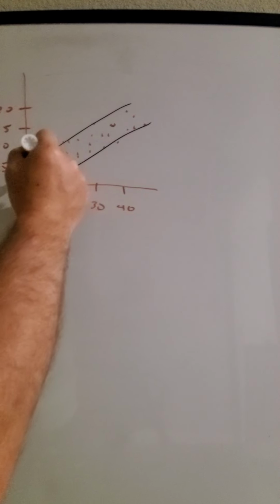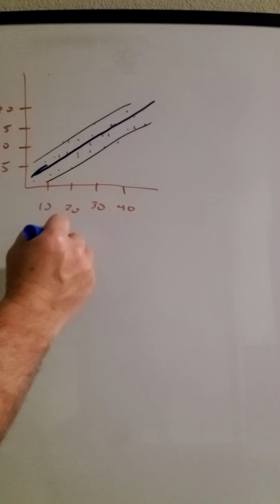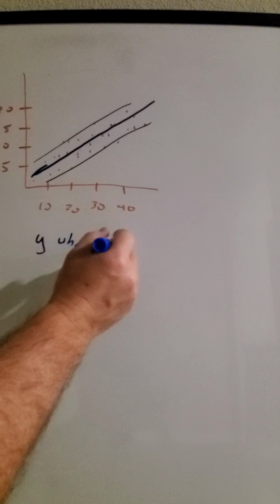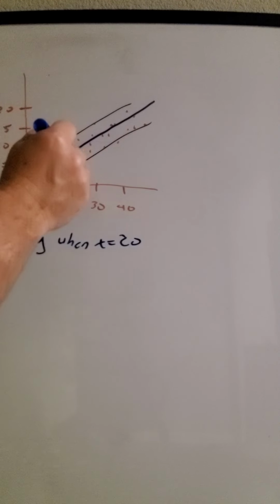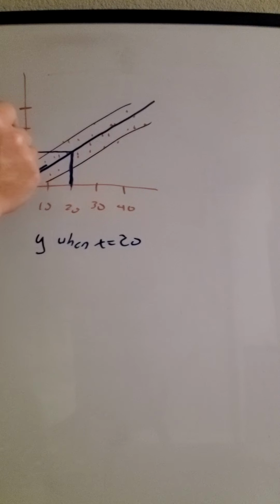Okay, so there's two things we got to learn about this. The first thing we're going to learn is that what we should do is draw a rough line that goes somewhere right down the middle of all of these dots. So if it asks me, what is the value of y when x equals 20? Well, I follow 20 up to the line. I follow it over here.